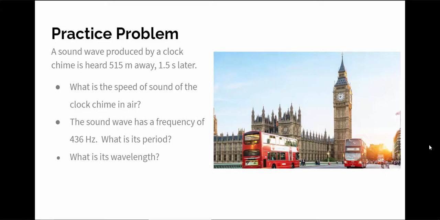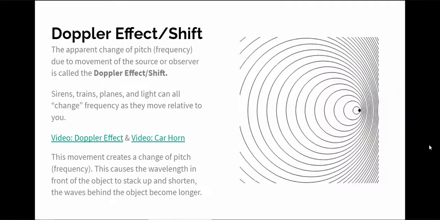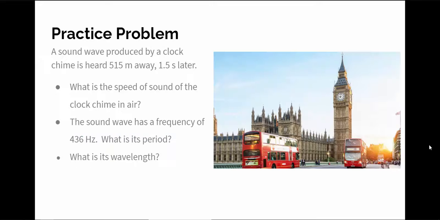So what y'all think? It says, what is the speed of sound of the clock chimes there? Did y'all get it? What y'all get? Well, let's write down what we know and what we're looking for. So it gives us a total of 3 numbers.